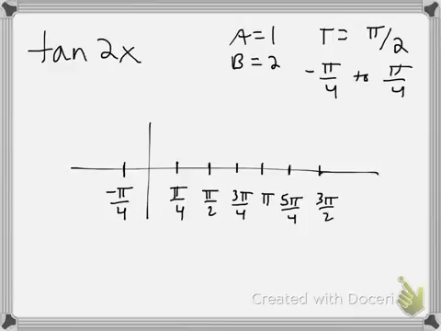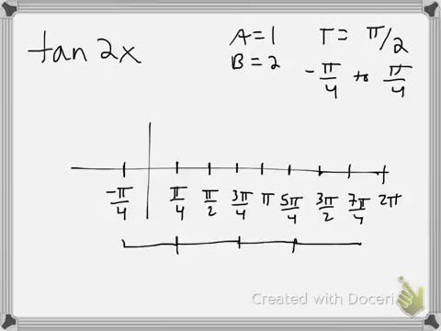I could keep going. 7 pi over 4, and then 8 pi over 4, which is 2 pi. You can keep doing that. I just like to show you that each of these gaps is pi over 2 long, because that is the period in this tangent function.